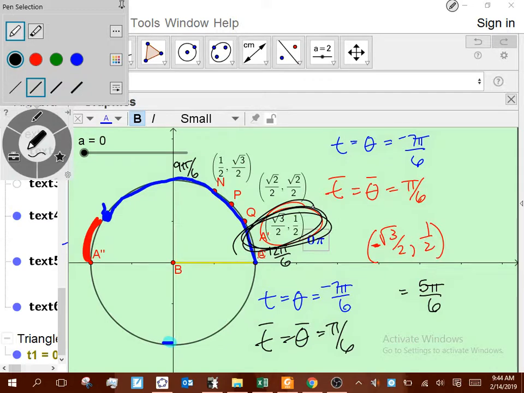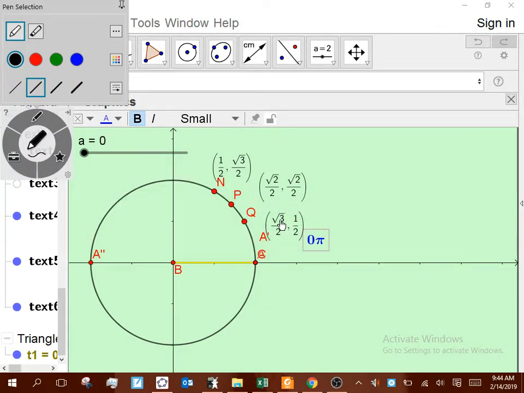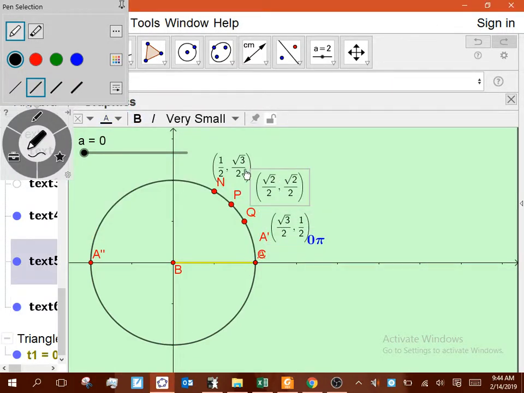Okay. Stop me if we're confused or something doesn't make sense. What I need you guys to do, and we'll spend a majority of tomorrow doing this, is we are going to need to memorize those pieces of information in the first quadrant. Now, I say memorize, and I use that loosely. I don't really want you to memorize.